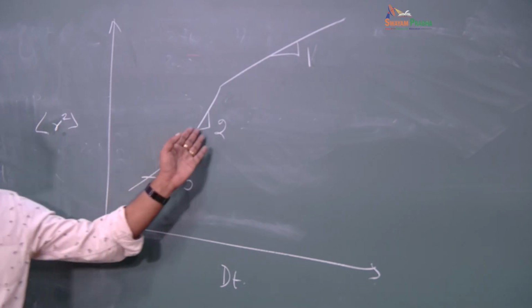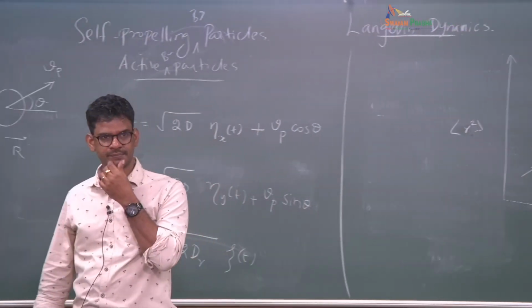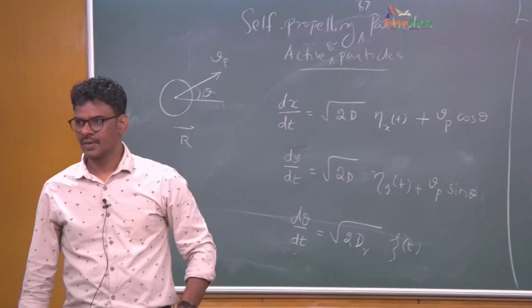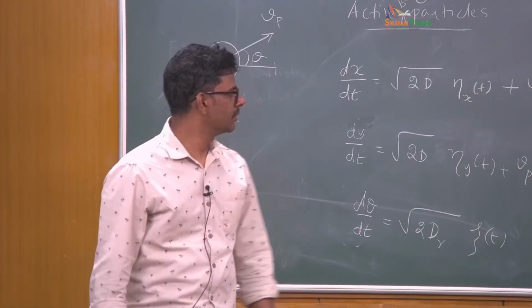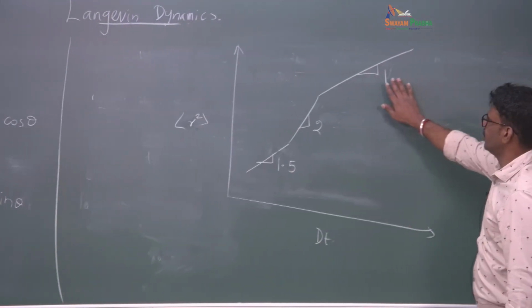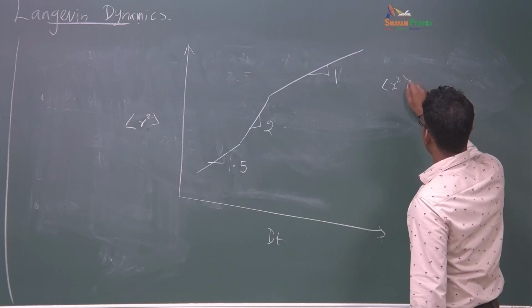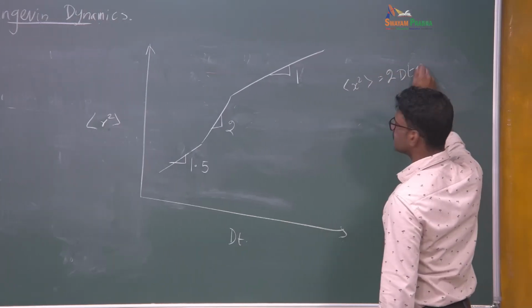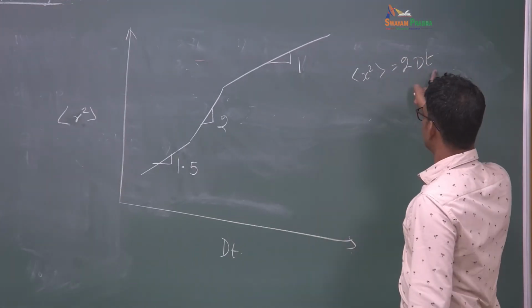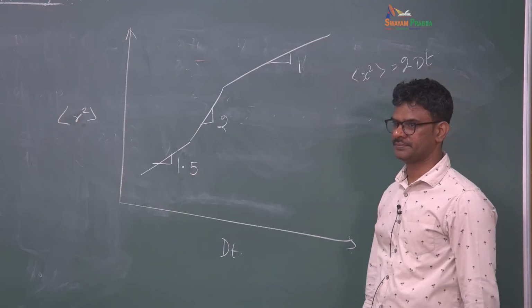Without this we would have seen only these 2. Here, this one, because it is purely diffusive motion, right. Remember, for a free diffusion, mean square displacement is 2Dt, right. In log scale, if you plot log of this and log of this, the slope will be 1.